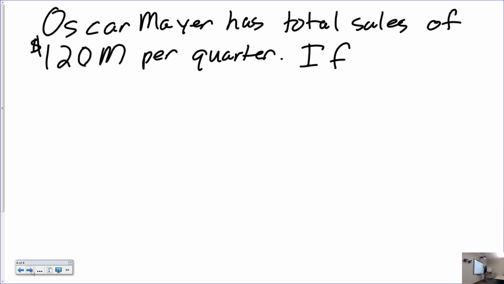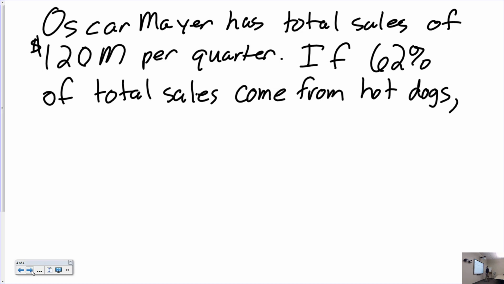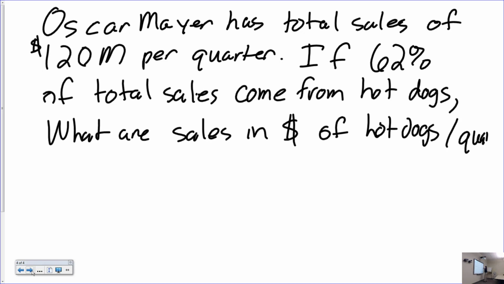If, let's say, 62% of total sales come from hot dogs, what are sales in dollars of hot dogs per quarter?